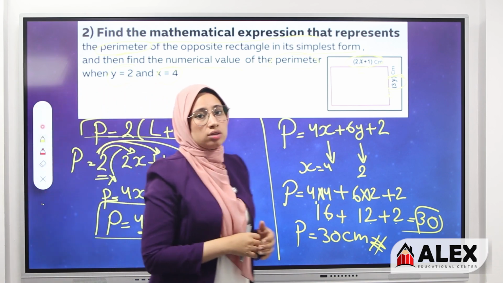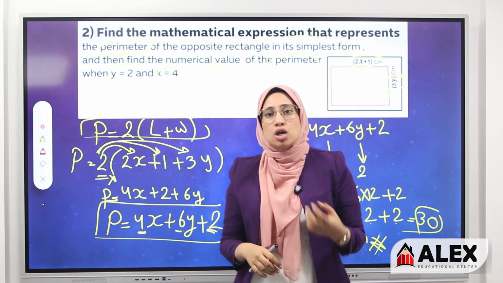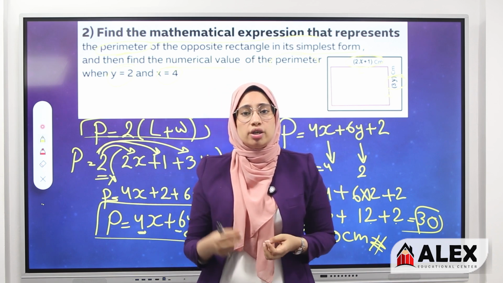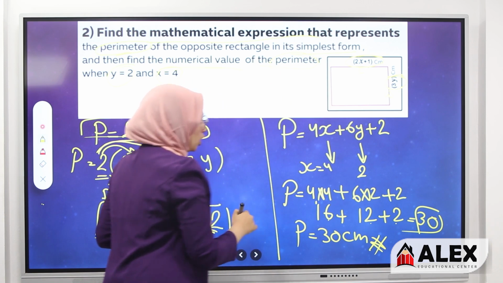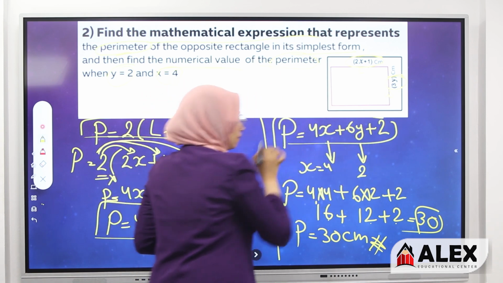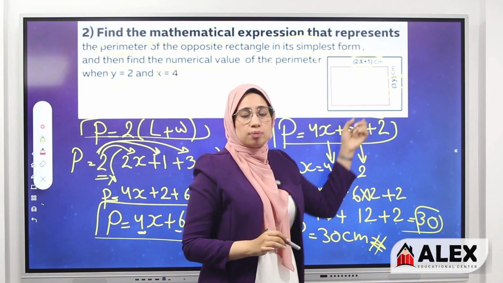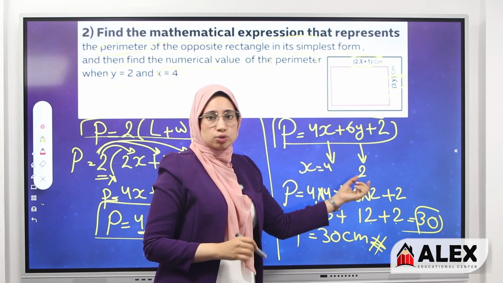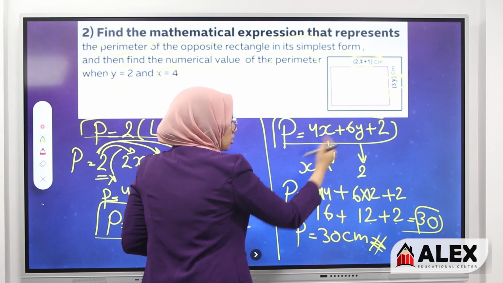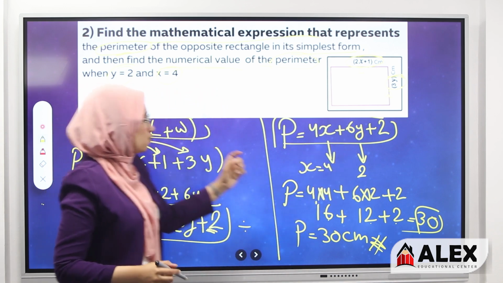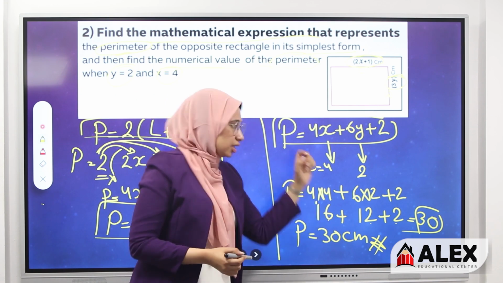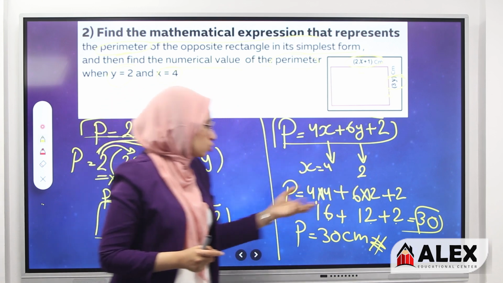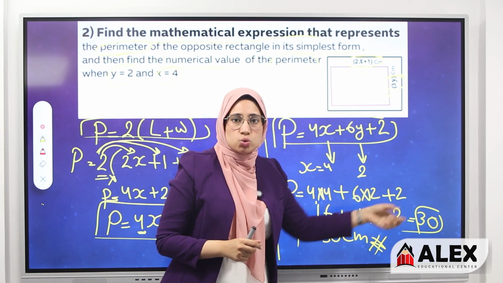Then the second one here, he needs the numerical value of the perimeter, which is when x equals 4 and y equals 2. Here we put the perimeter 4x plus 6y plus 2, and then we put x value of 4 and y value of 2. 4 times 4 equals 16, and here 6 times 2 equals 12, and plus the constant 2. 16 plus 12 plus 2 equals 30.